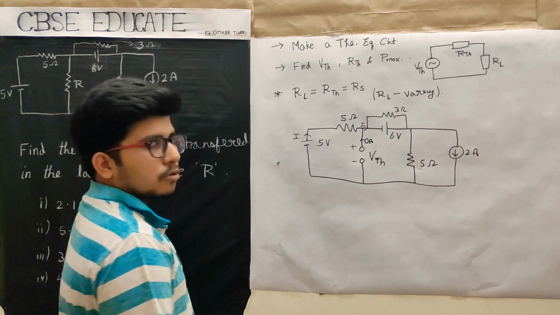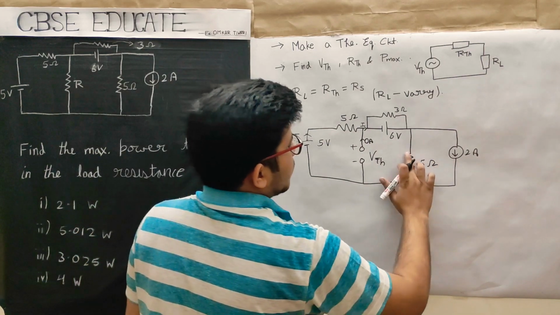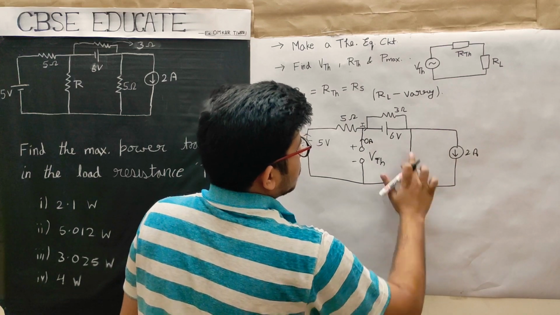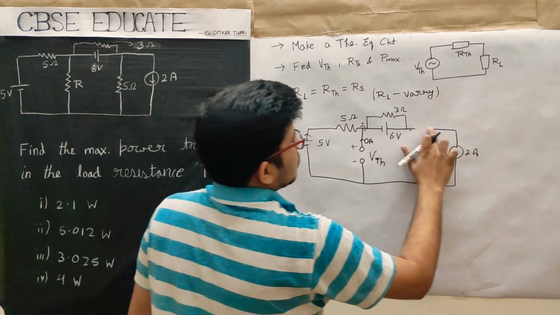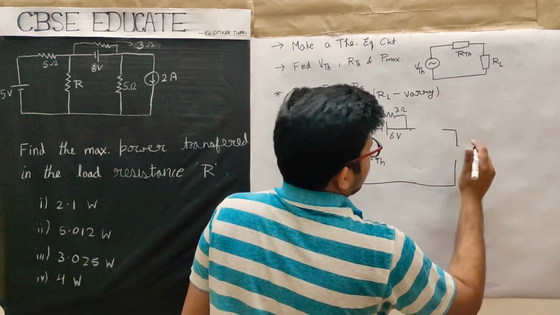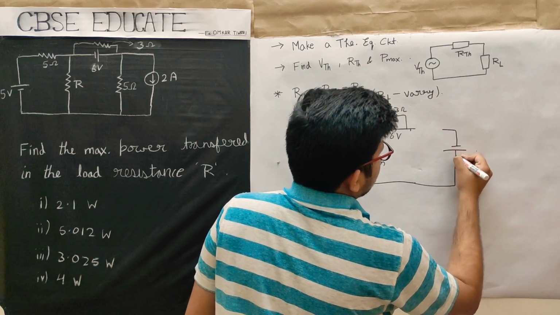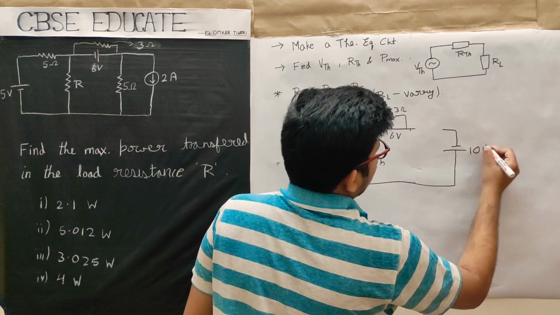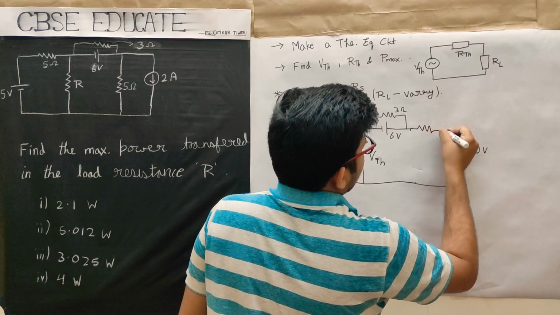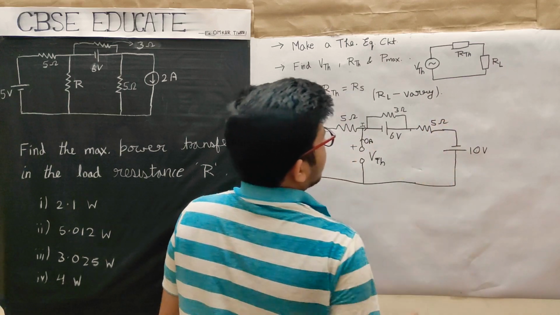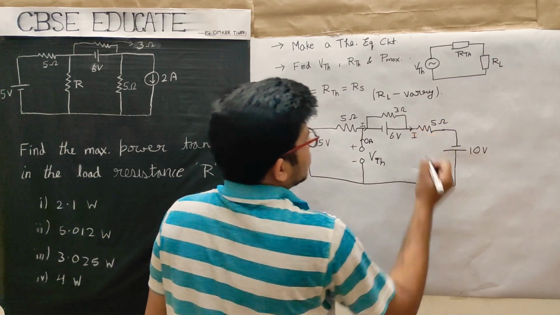V is equal to what? IR, so 5 into 2 is 10. So I am removing this and converting it into a voltage source, so this becomes 10 volt with a 5 ohm resistance here, and the current in this will also be I.